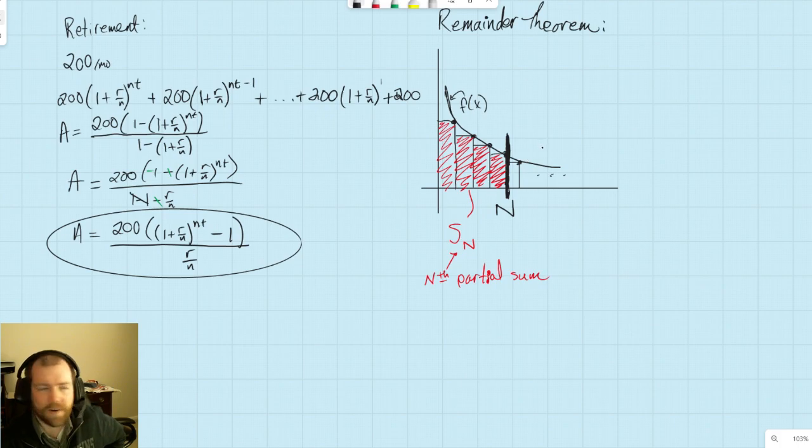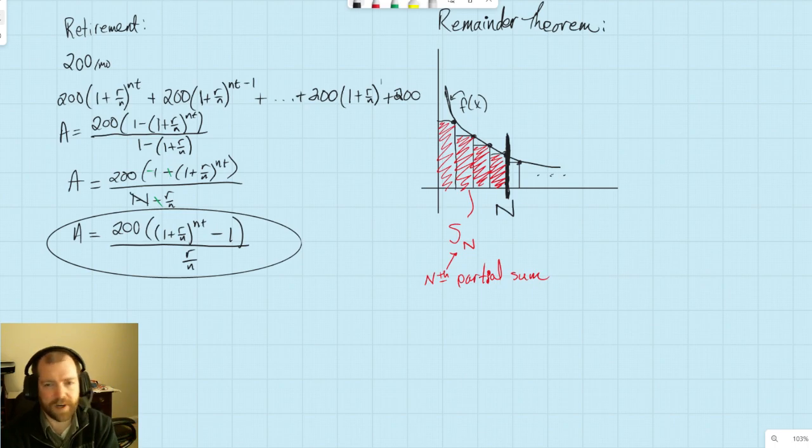One last thing here. The remainder theorem, which is saying, if we know a partial sum up to a certain number of terms, so it goes out to this term, or this number n, and we've added up all the terms in this series up until n, but maybe it's a lot of work. Maybe we just don't want to go many more terms than that.